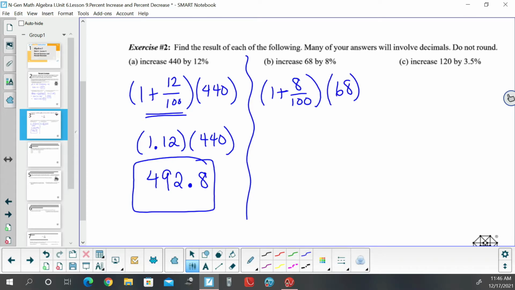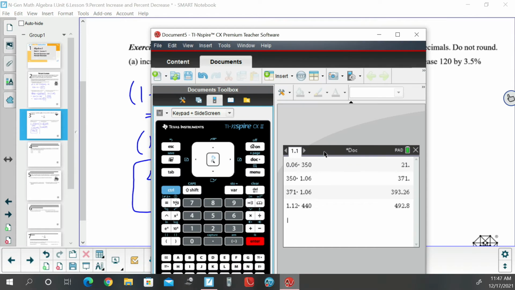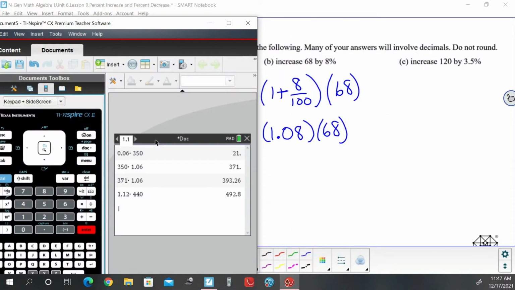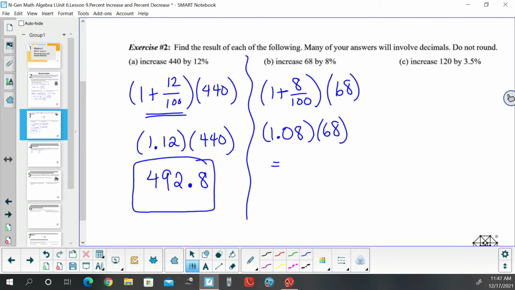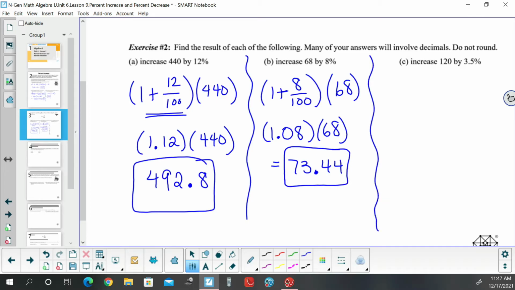So that's going to be 1.08 times 68. 1.08 times 68 gives me 73.44.